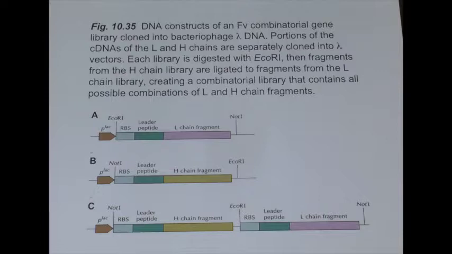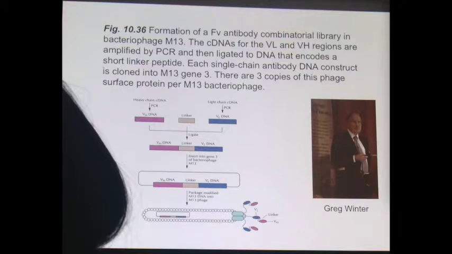The other approach, as I mentioned, is Greg Winter. This is Greg Winter. He is at Cambridge in England, the same place that Milstein and Kohler were working, so they do know one another.